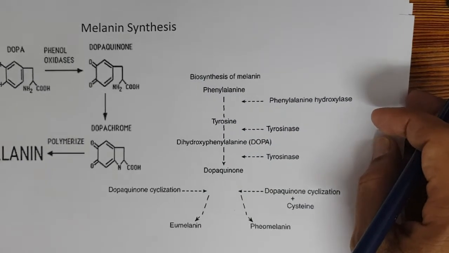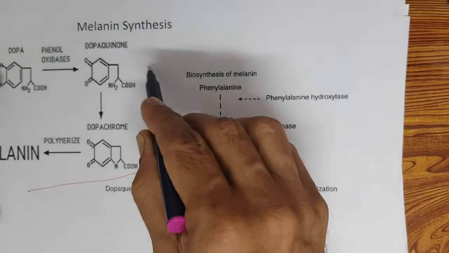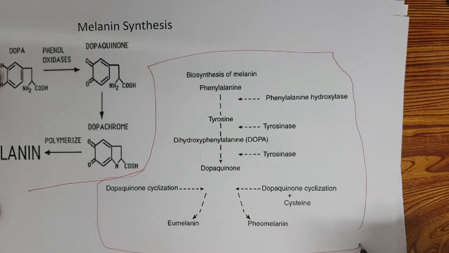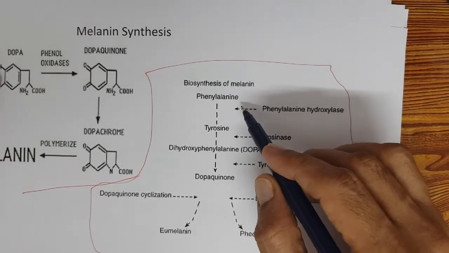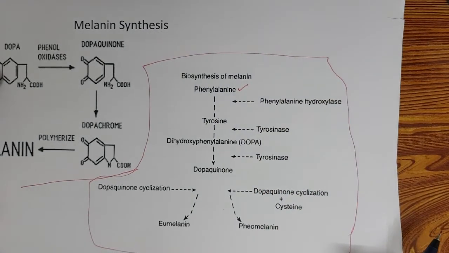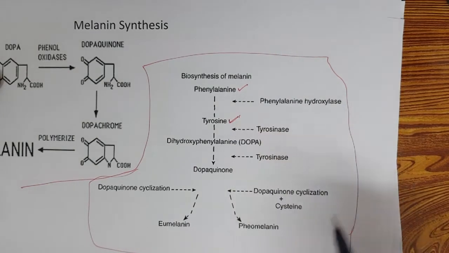So, some little chemistry. What is the route of synthesis of melanin? This is very, very important because melanin is synthesized from an amino acid called phenylalanine. Phenylalanine is converted into tyrosine.